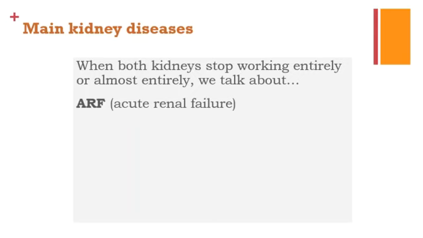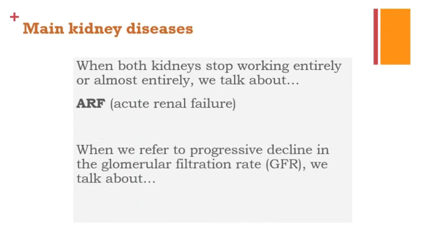The main feature of acute renal failure is suppression of urine flow. The causes include low blood volume, decreased cardiac output, damage to the renal tubules, and kidney stones. When we refer to progressive decline in the glomerular filtration rate, we talk about chronic renal failure.